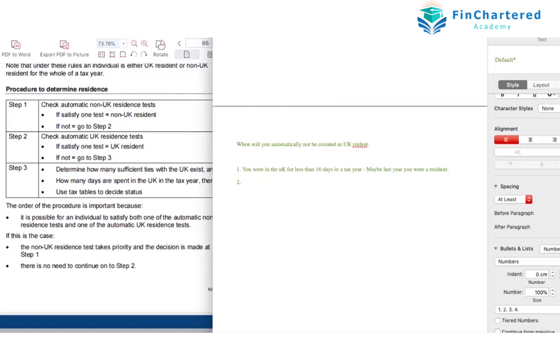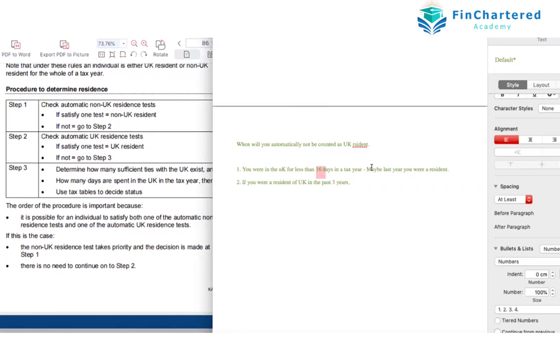But suppose in the past 3 years you were a resident. Maybe last year you were a resident, or the year before that. If you were a resident of UK in the past 3 years, then the number of days increases because just recently you were a UK resident, right?